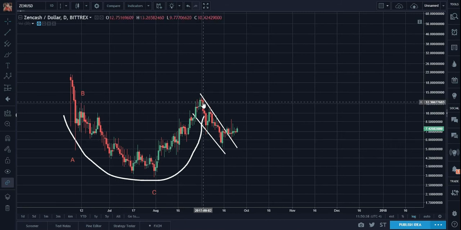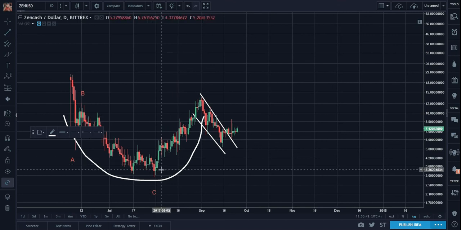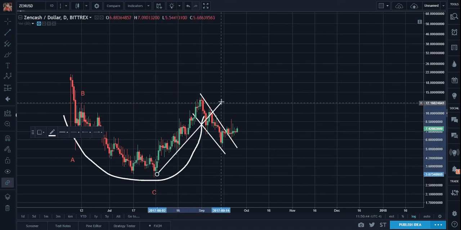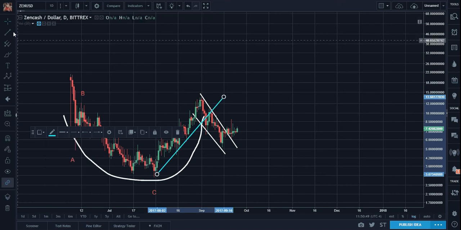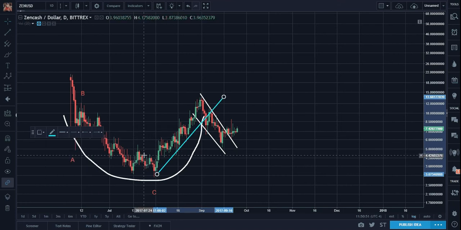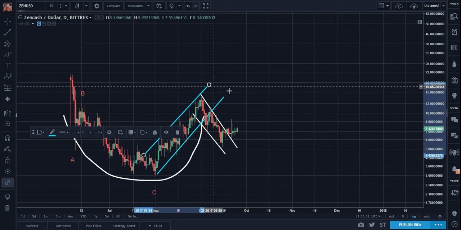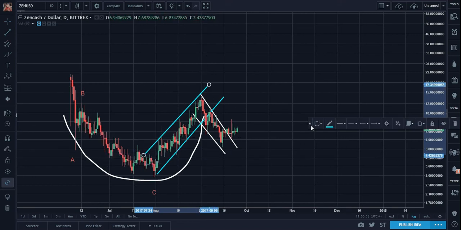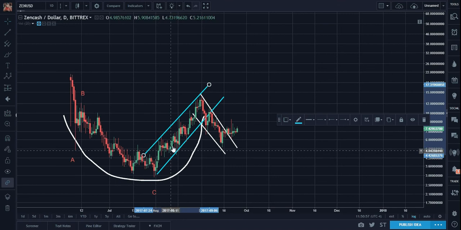Is this impulsive? Usually the first sign of an impulse, a nice impulse, is a very nice 45-degree angle trajectory. Impulses occur within a channel.